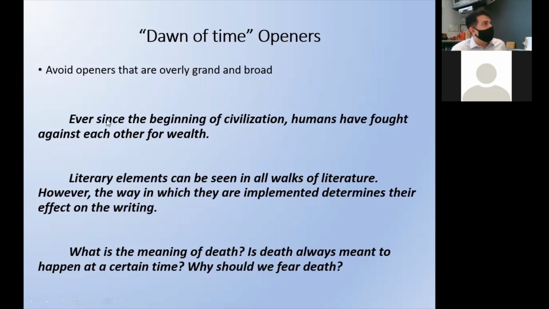Right? Or this next one: literary elements can be seen in all walks of literature. However, the way in which they are implemented determines their effect on the writing. So the way you write determines the effect of your writing? That's also obviously true. It doesn't need to be stated.